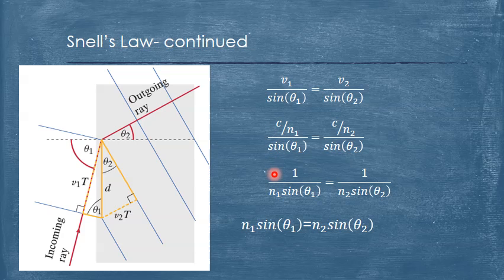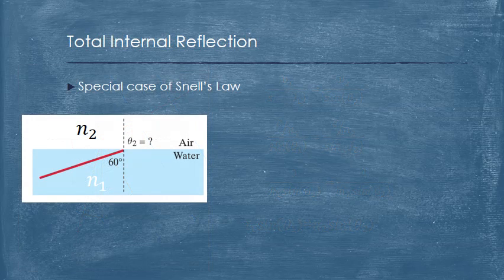The c's will cancel, and so we can take the reciprocal of this equation, and this last one down here: n1 times sine theta 1 equals n2 times sine theta 2. This is called Snell's law. And this allows us to determine, if we have the incoming angle, the outgoing angle, and vice versa.